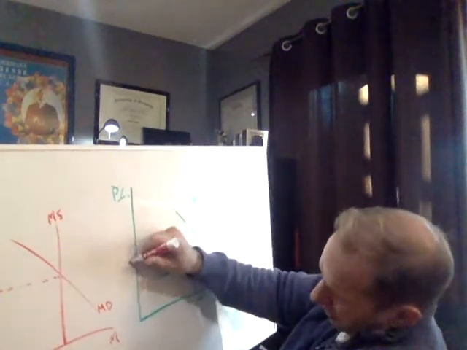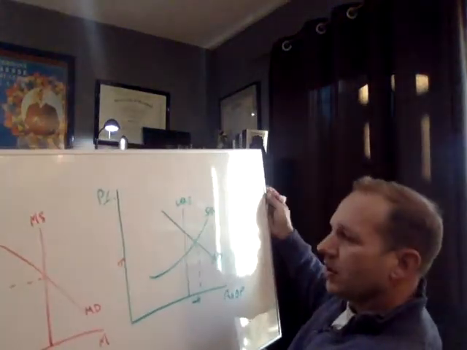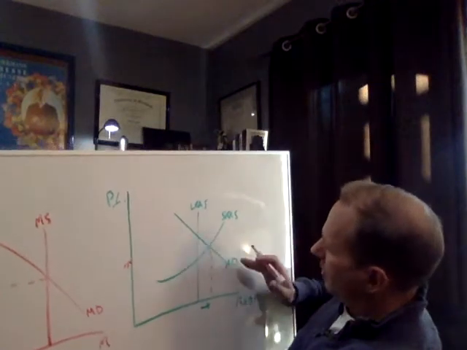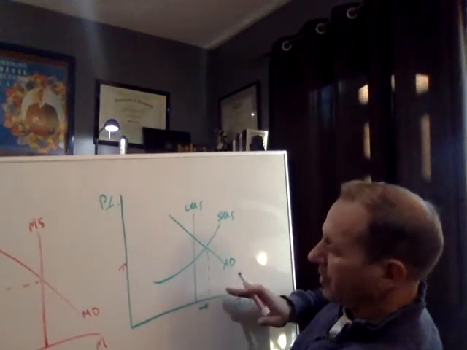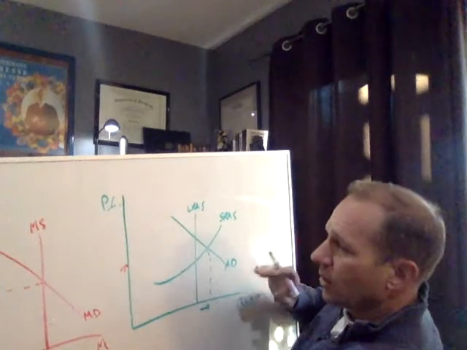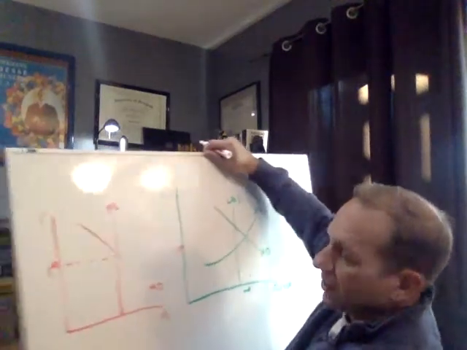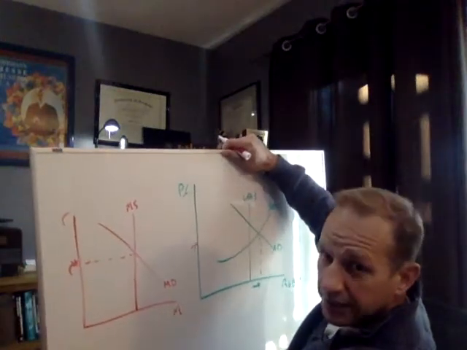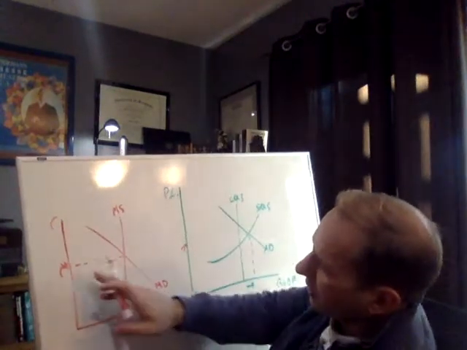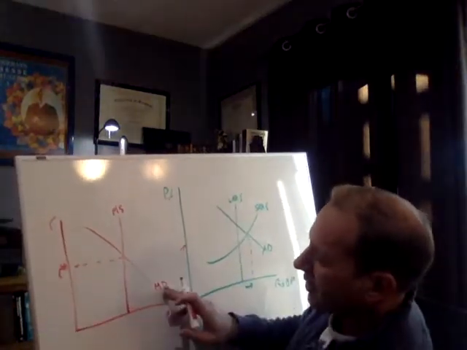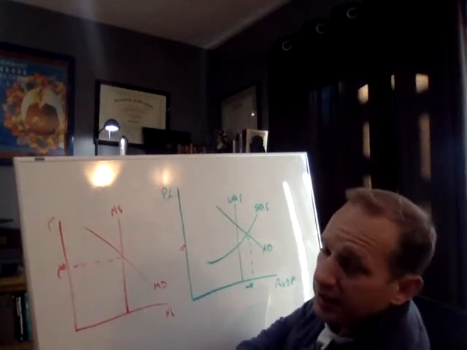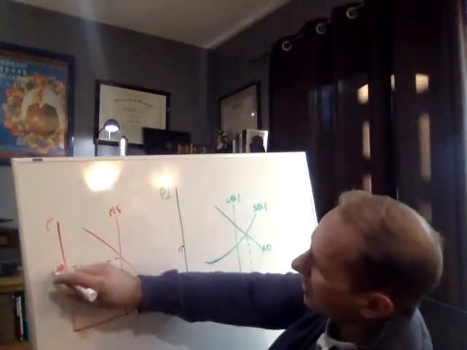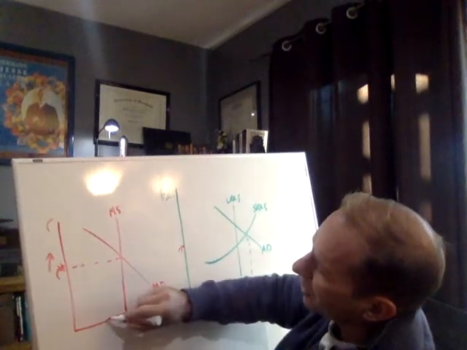My marker is not cooperating. There we go. So what they want to do is decrease consumption or investment, cool the economy down. And so over here, what can they do? They want interest rates to be higher. In order for this to go up, they don't affect this. They do affect that. So for interest rates to go up, what must they do?